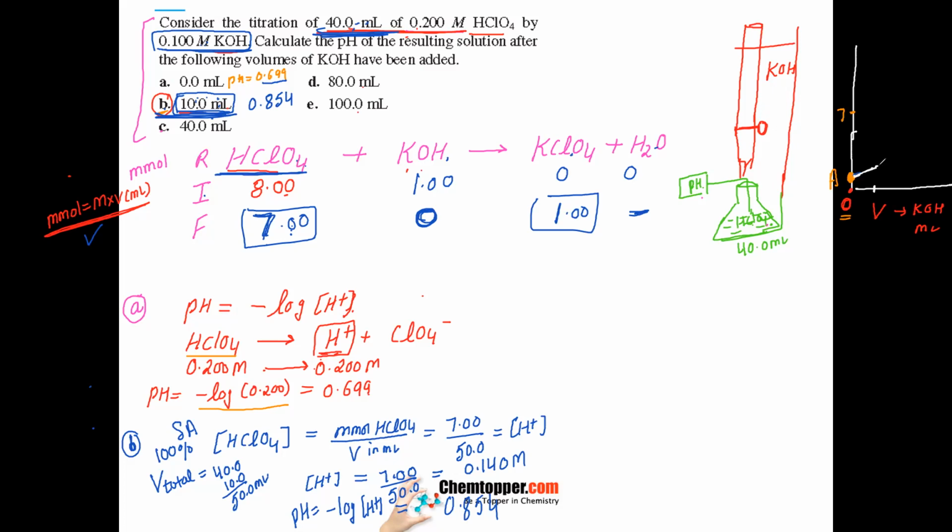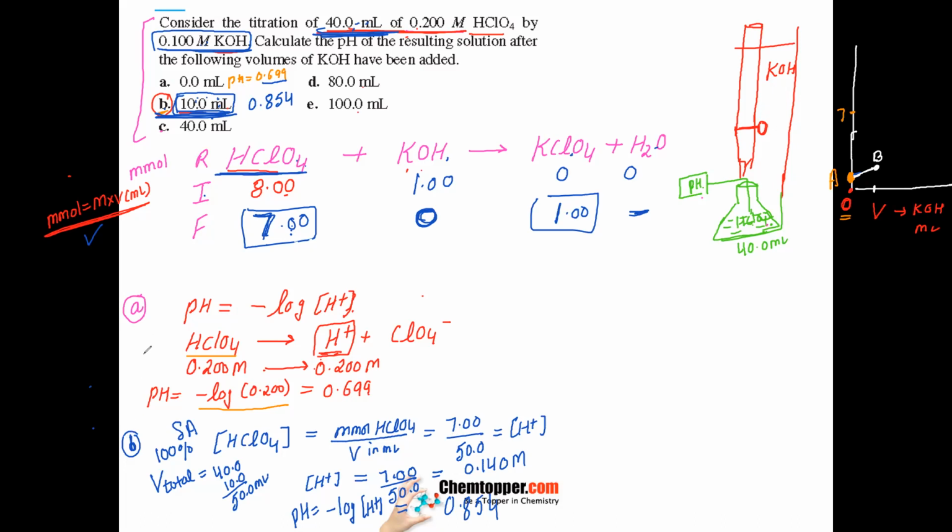Go like this, slightly up. This is your B point. Here you determine the pH by excess of base. Oh, sorry, excess of acid. The acid is not neutralized completely. Excess of acid. pH is less than 7, and is also less than 1 because it's a very strong acid.